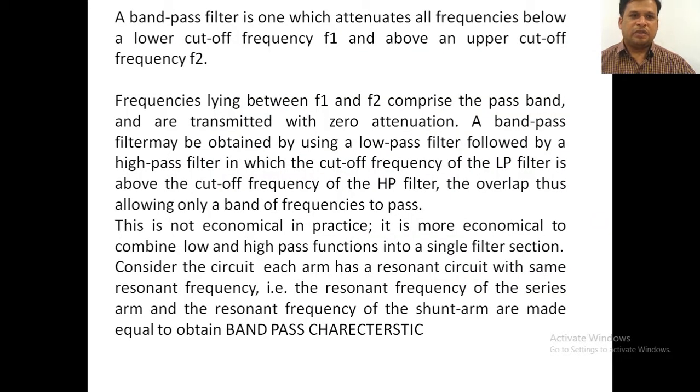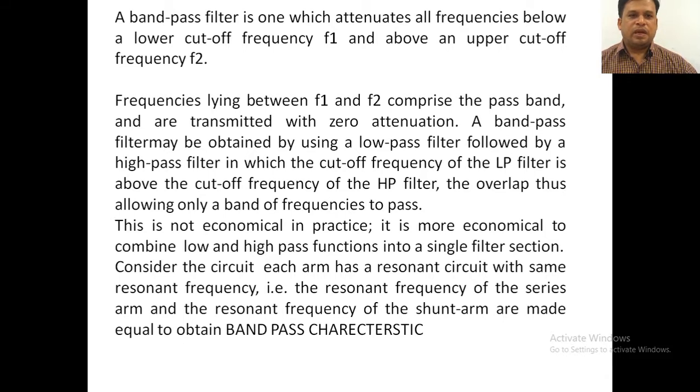So what is a band pass filter? A band pass filter is one which attenuates all the frequencies below a lower cutoff frequency f1 and above an upper cutoff frequency f2. So the frequencies lying between f1 and f2 comprise the pass band. They are transmitted with zero attenuation.